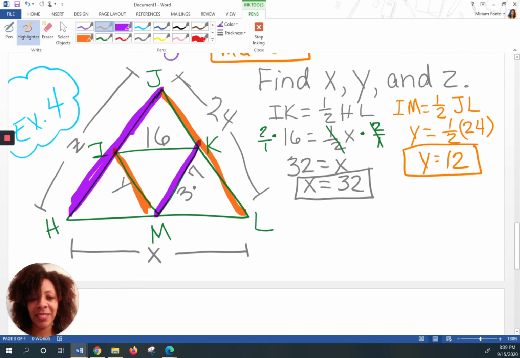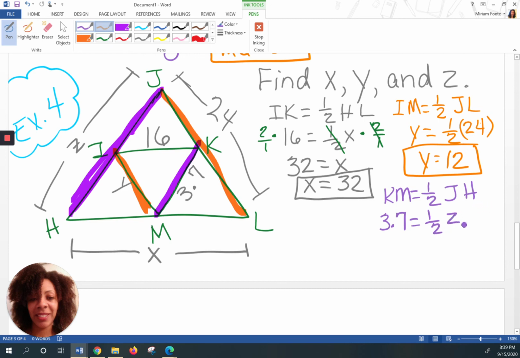I'm going to use my formula, which tells me that segment KM is going to be 1/2 JH. Substitute what I know. KM is 3.7. So 3.7 equals 1/2, and then JH is what I'm trying to find, which we will call z now.